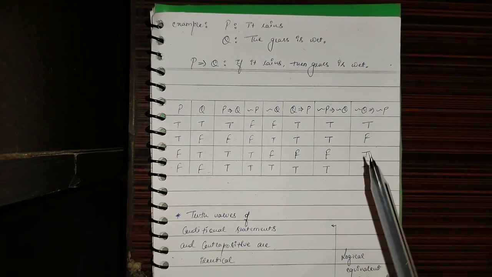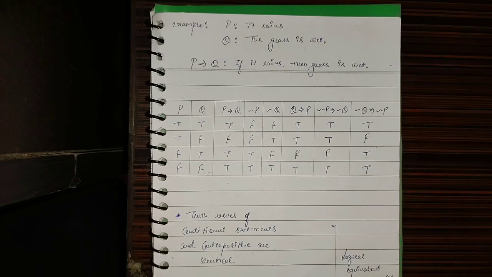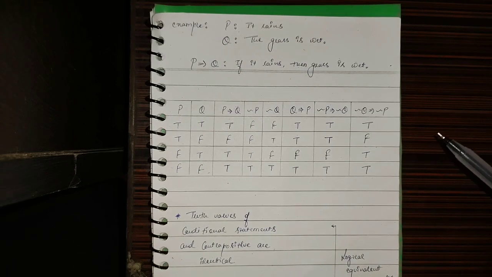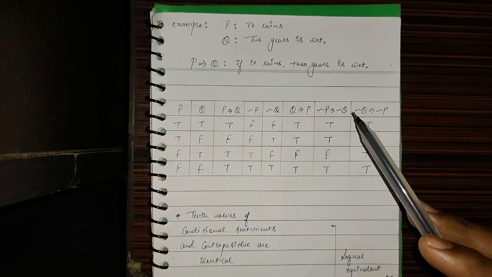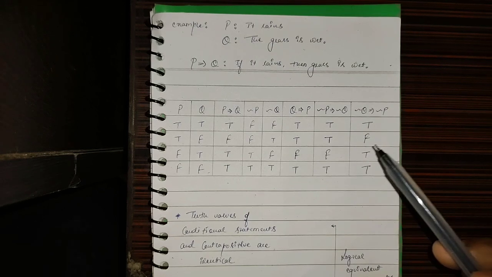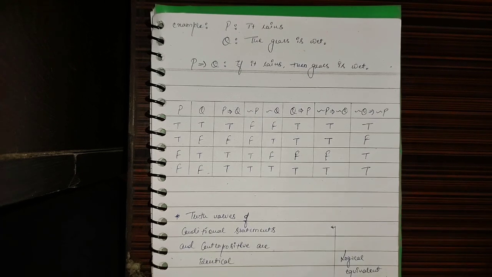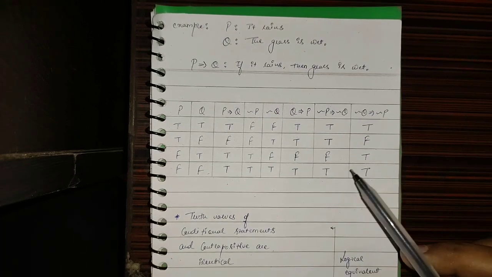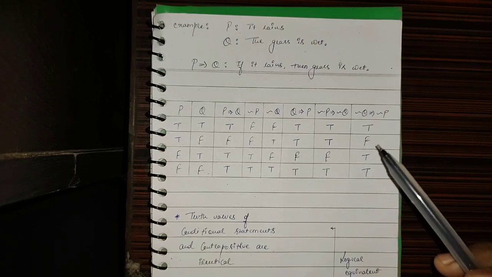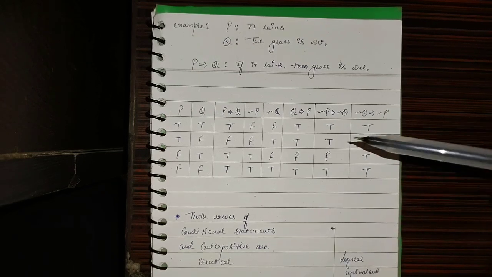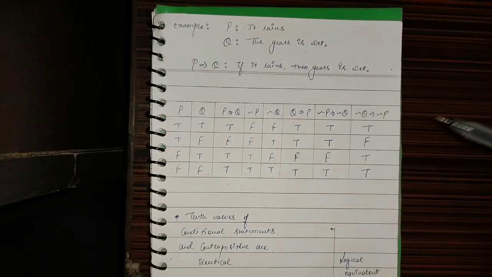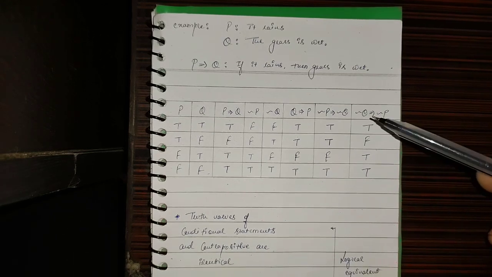When the hypothesis is true but the conclusion is false, the conditional statement is false, and when both the hypothesis and conclusion are true, the conditional statement is true. This is how we can write the truth values of the inverse.